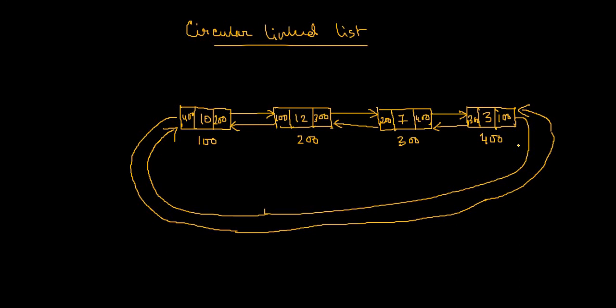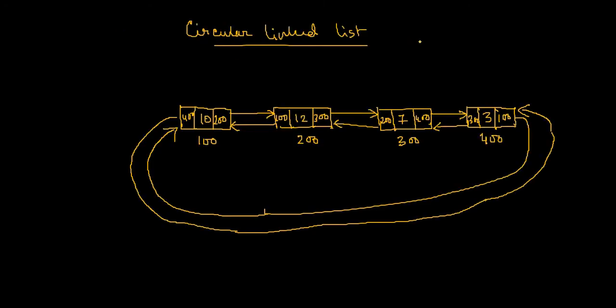You cannot say that because, as a programmer, you don't know where it ends. You don't know how many nodes will get inserted, right? So each and every time when you are inserting something at the end, you must connect, update that one.